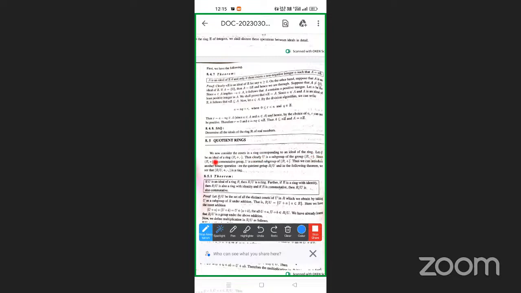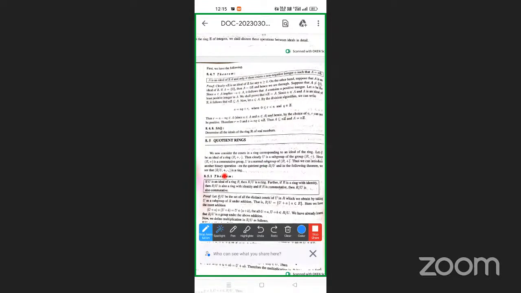Let U be an ideal of R, plus, dot. Then clearly U is a subgroup of R, plus. Since R, plus is a commutative group, U is a normal subgroup of R, plus. Then we can introduce another binary operation on the quotient ring R by U, and in the following theorem we can see R by U, plus, dot is a ring.